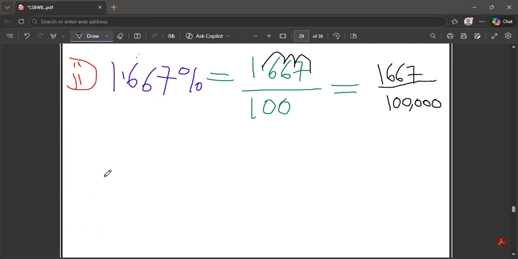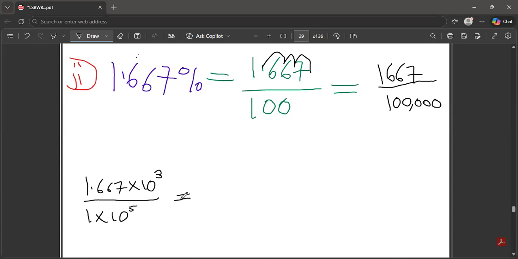So this can also be written as what? Let's say 1.667 times 10 exponent 3, all over 1 times 10 exponent, let me say, 5.